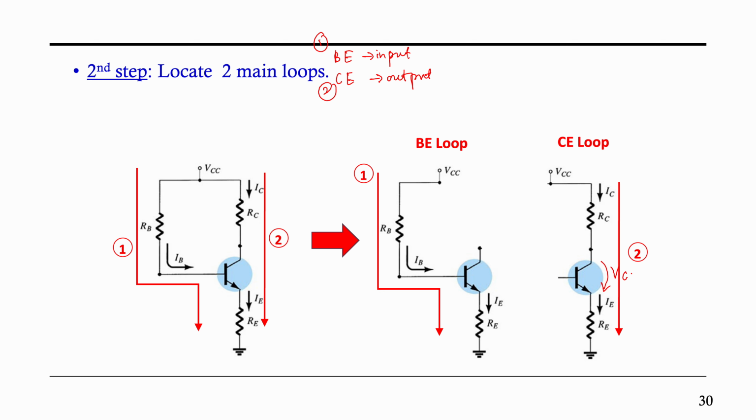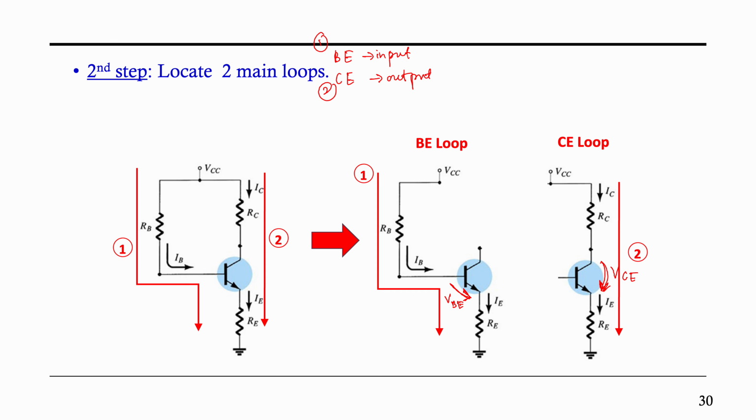Then it goes to the resistor at the emitter, and the current meets the ground. So here is the loop that you always need to remember. I forgot to write this just now: at this area you have VCE, and at this area you have VBE.